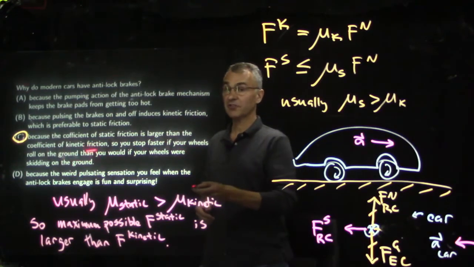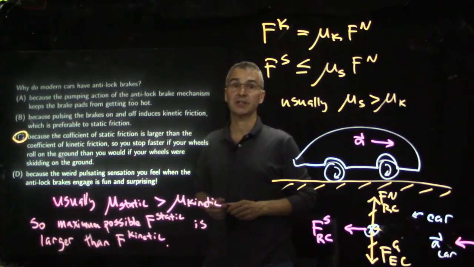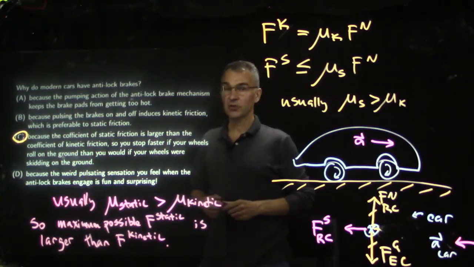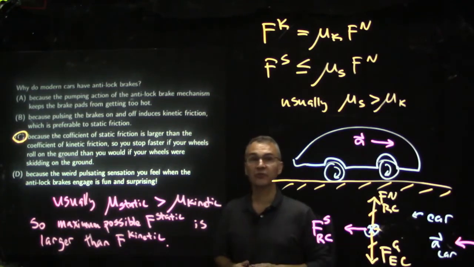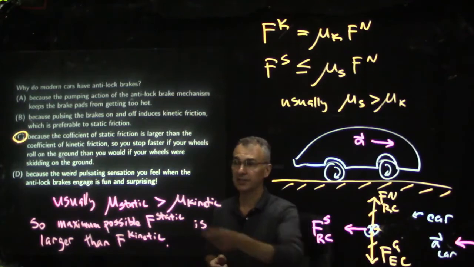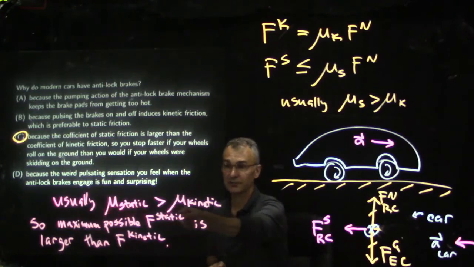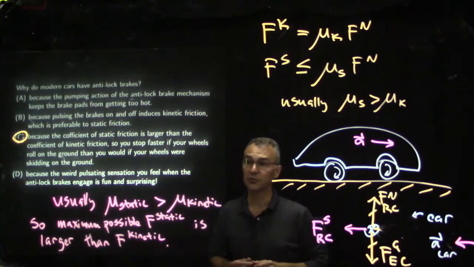So you stop faster if your wheels roll on the ground than you would if your wheels were skidding on the ground. So it almost always turns out for a given pair of surfaces, like rubber on asphalt, that mu static, the coefficient of static friction, is bigger than mu kinetic. This is the coefficient of static friction, this is the coefficient of kinetic friction. Usually mu static is bigger than mu kinetic.